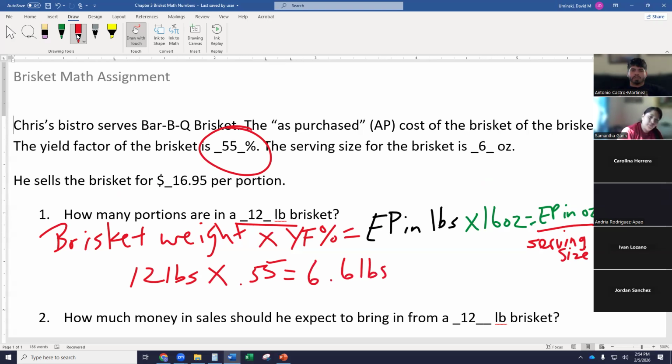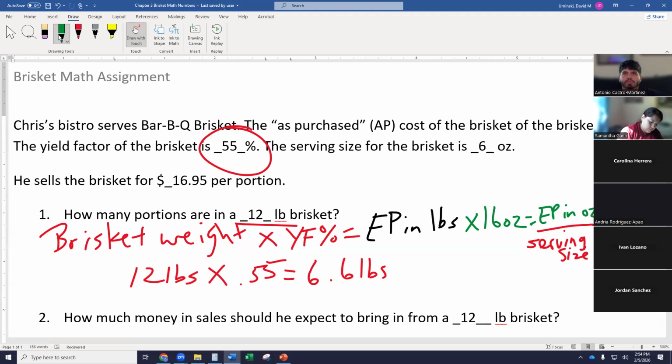So I start with 12 pounds. After I trim it, I smoke it, all that kind of stuff, I end up with 6.6 pounds left over. Okay. That is my edible portion in pounds.